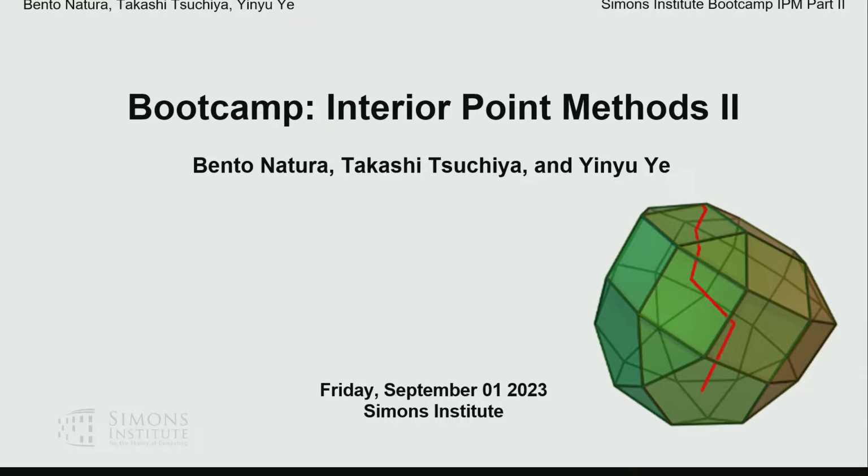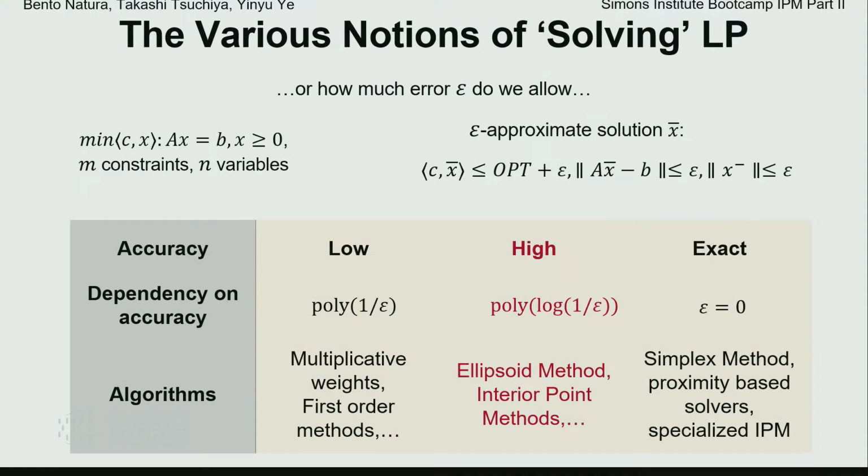Okay, so I would say there are various ways of solving LP. One is called approximation algorithms: you get a solution that is almost optimal, almost feasible, and the negative part is also very, very small. That's kind of epsilon analysis.